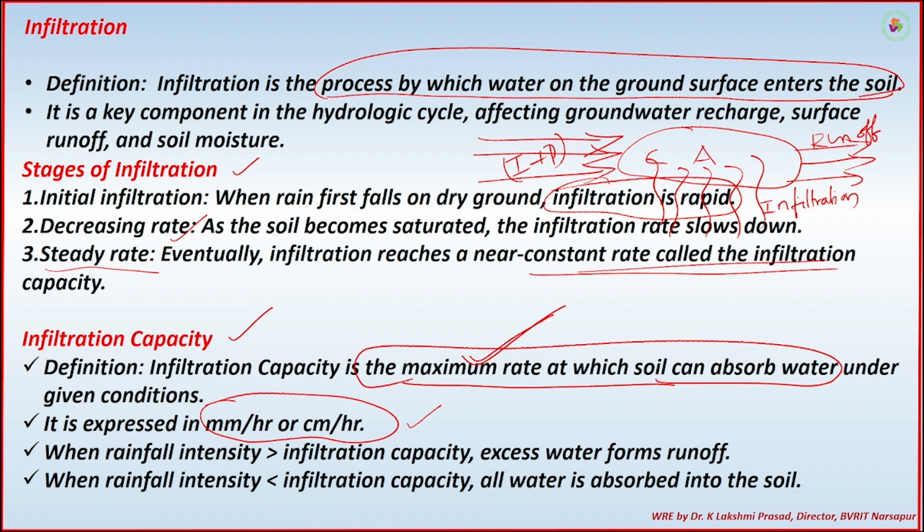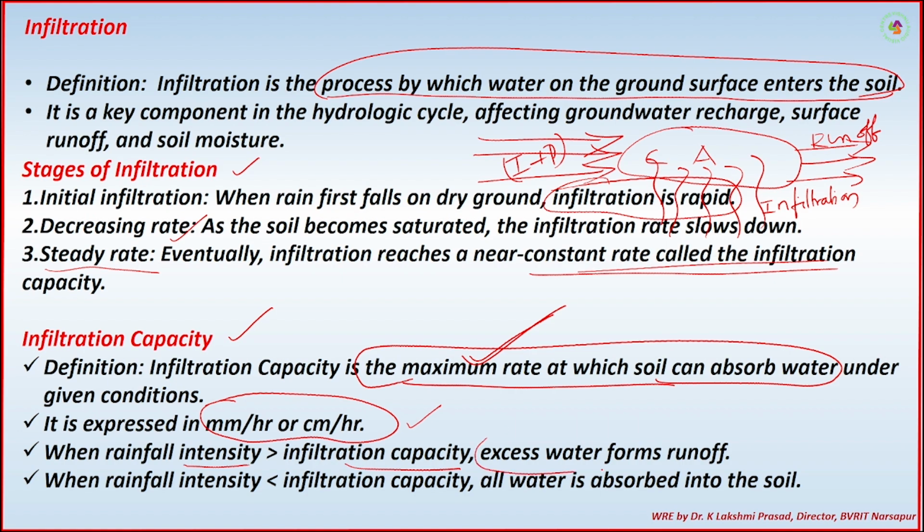Suppose rainfall intensity is high compared to infiltration capacity. What is infiltration capacity? The maximum rate at which the soil can absorb water. If the rainfall intensity is more and the infiltration capacity is less, then what will happen? Much of the water flows on the ground, and that flow is what we call runoff.